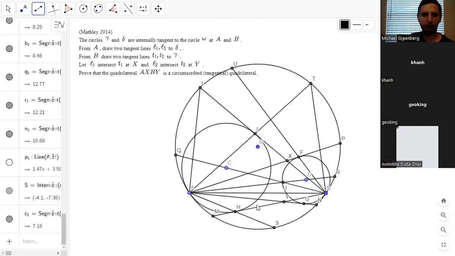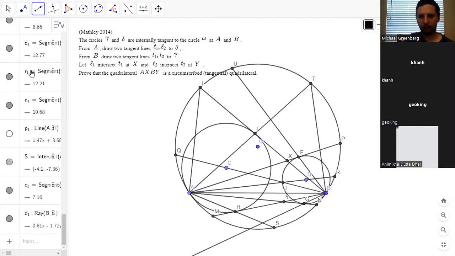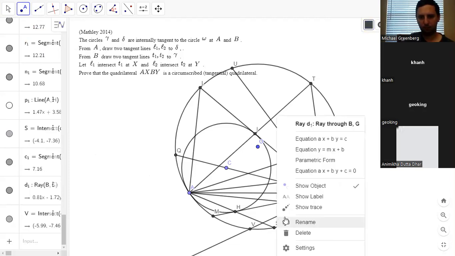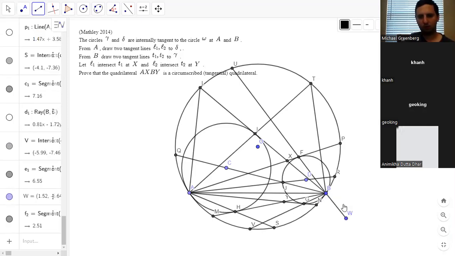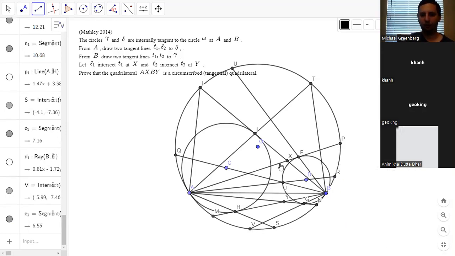And then BG, that's going to be the midpoint of arc AN. And then the question is, how does this help us show AXBY is circumscribed?